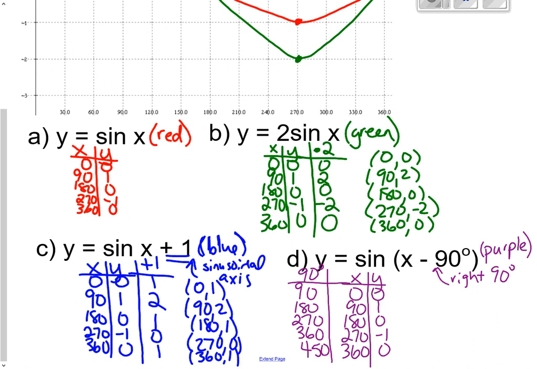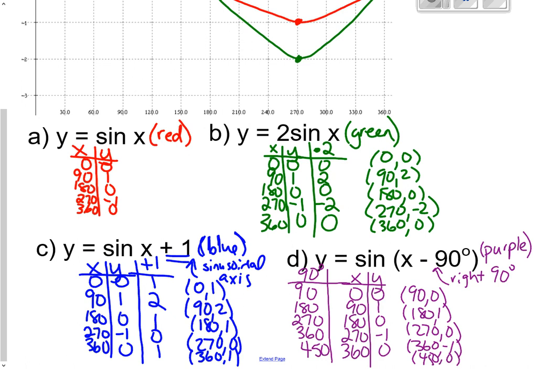So we're going to take our sine graph and move it 90 degrees to the right. That gives me these new coordinate points of 90, 0, 180, 1, 270, 0, 360, -1, and then 450, 0.